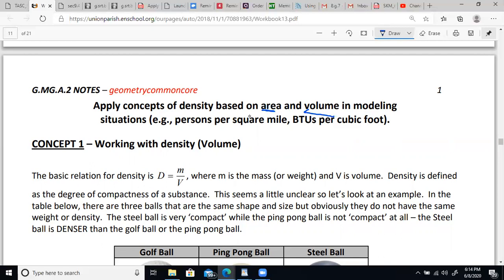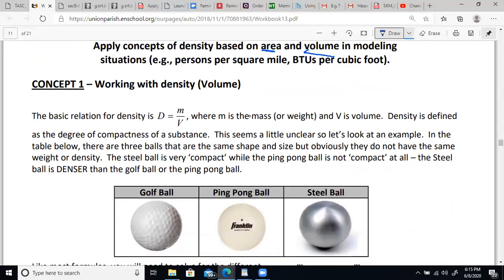Other times we can talk about the density of an object. They use an example here about a ping pong ball, a golf ball, and a steel ball. They could be the exact same size, but one may be way more dense than the other. A lot of it has to do with weight.